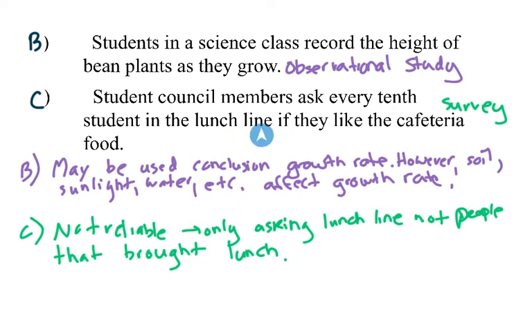Generally, if you're getting school lunch, you probably like school lunch more. And if you're bringing your lunch from home, you don't like school lunch. So if you're only asking the people in line, you're more likely to get a more positive result.